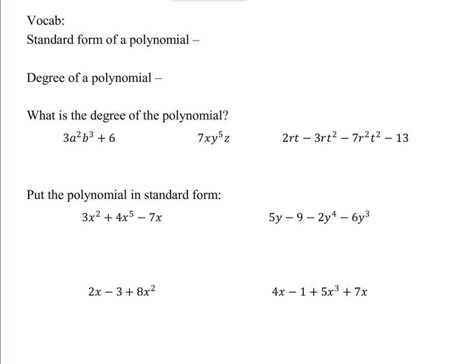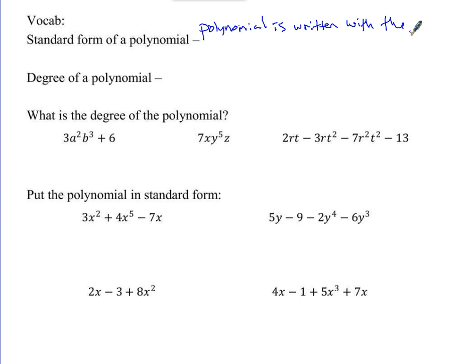So first of all, standard form of a polynomial is when the polynomial is written with the highest degree term first, and then you write each sequential lower degree one after the other until you have the lowest degree term last.